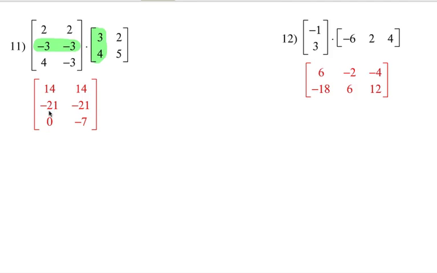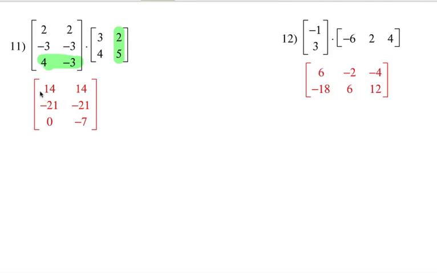That would be negative 21. And here we would have negative 6 plus negative 15, negative 21. Finally, for the last row of our answer, we're going to have 12 plus negative 12, 0, and 8 plus negative 15, negative 7. Did you get that?